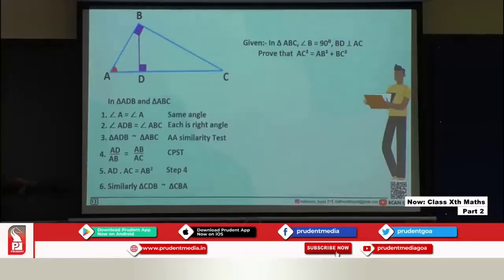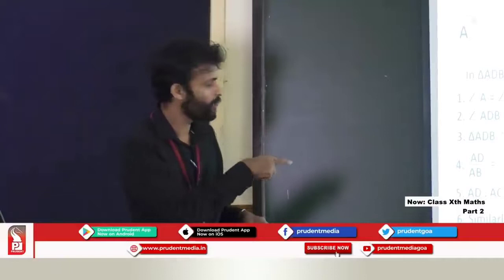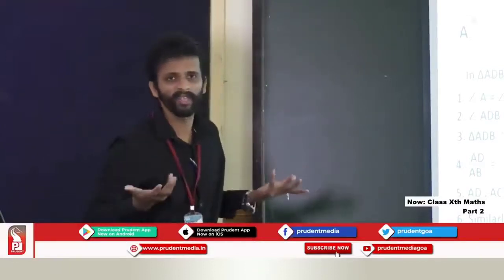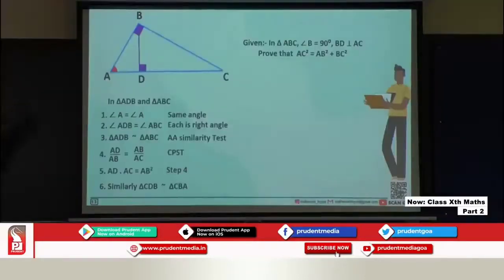But in case you don't write the word similar or similarly, then you can't just write that, because with respect to those triangles, where is it given? It is not given anywhere, right? So you can't straight away write triangle CDB is similar to triangle CBA. You have to write the word similarly, meaning it tells us that from step number 1 to step number 5, the way you have done it, in that same way the other triangles will be similar.